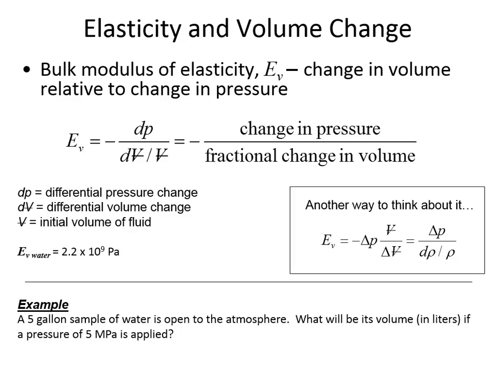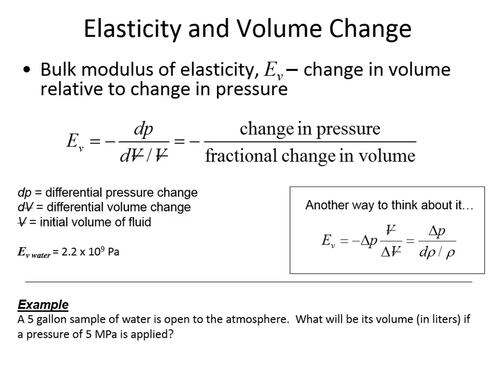Remember the conversion table is at the beginning of your textbook, where it says that there is 3.785 liters per gallon. So we start off with an initial volume of 18.925 liters.